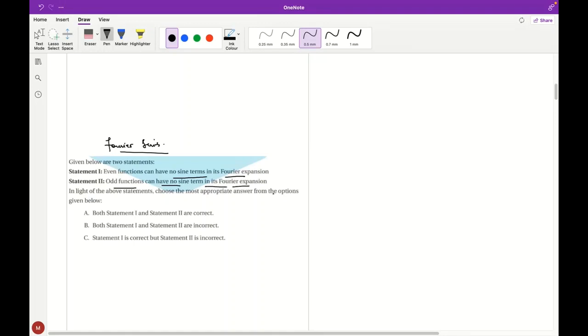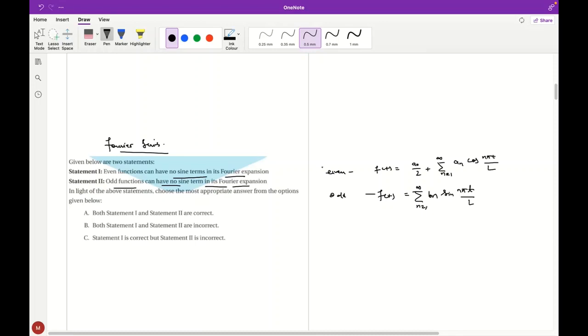So we know that the Fourier series of an even function is given by f(t) equal to a naught upon 2 plus summation n equal to 1 to infinity a n cos n pi t over L, and for an odd function it is given by f(t) equal to summation n equal to 1 to infinity b n sin n pi t over L.